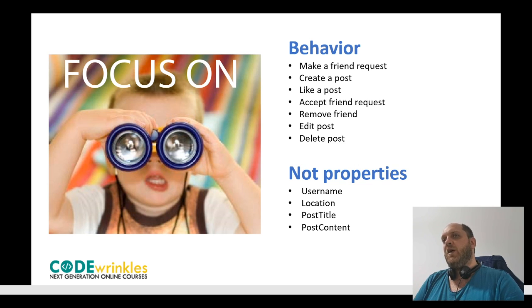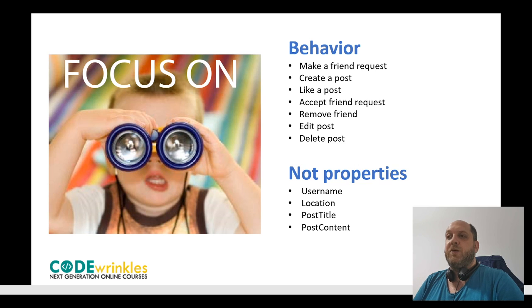Properties come naturally when we think about the behavior, the things that object should do, should be able to perform. And in this area of a social network, this would mean that when we start to model, for instance, our social bounded context, we will think about things like making a friend request, or sending a friend request, or creating a post, or liking a post, or maybe actions like accepting a friend request, or removing a friend, editing a post, deleting a post. And our focus should be to model this behavior in our classes, not the properties.